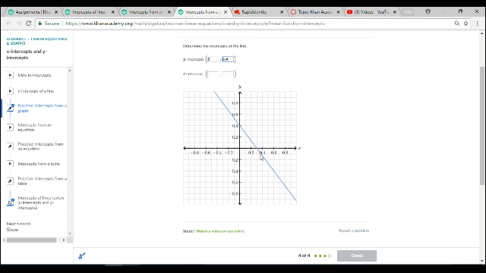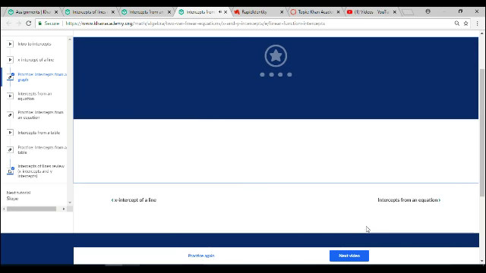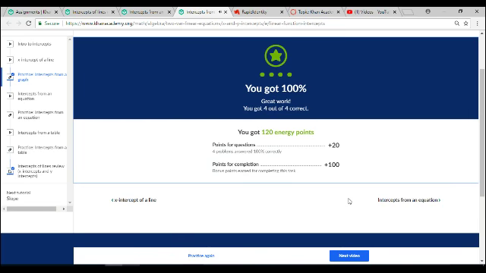And the x-intercept is going to be in between 0.2 and 0.4, which is 0.3. So x-intercept is going to be 0.3 and 0. All right? So, check it, show summary, got the 100. So it's totally okay to make mistakes, get something wrong, because you can always do it over and over again.